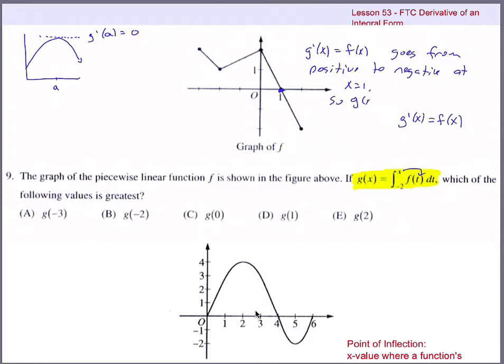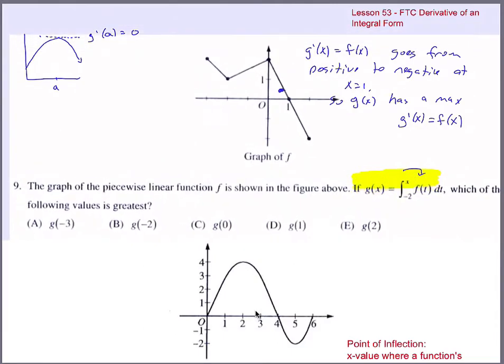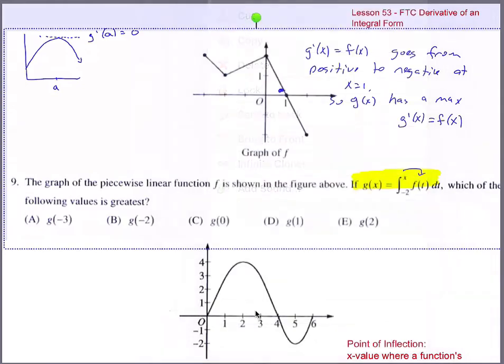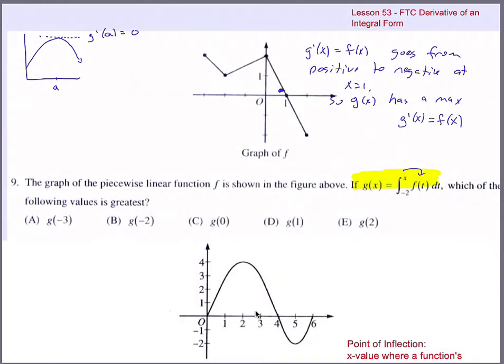So g of x has a max. It's really a relative max. We can talk about why it's the overall max later in the year. It has a relative max at x equals 1.